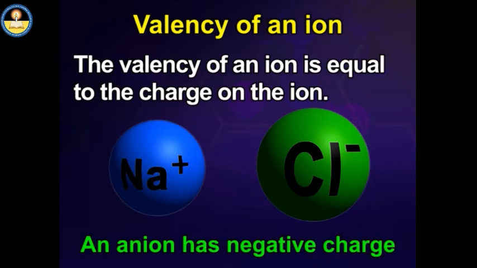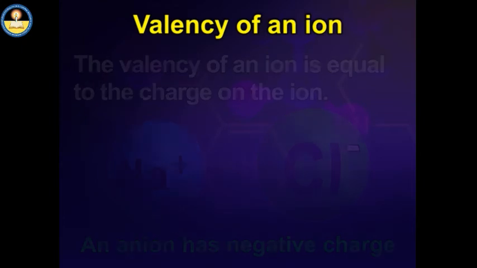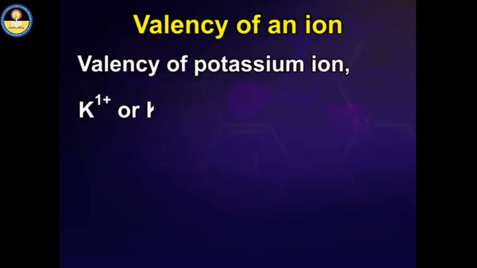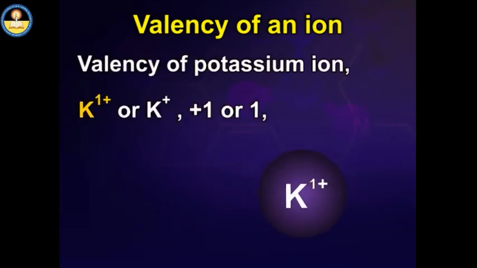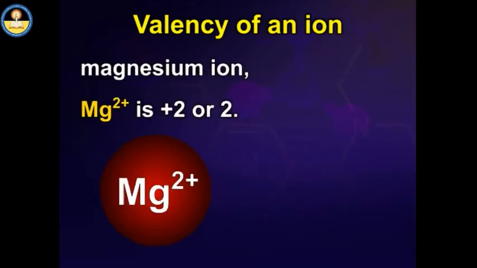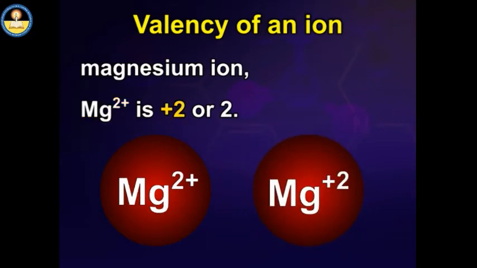Therefore, its valency is taken as respective negative numeral or simply the numeral value of the charge, Cl-. For example, valency of potassium ion K+ is positive 1 or 1. Magnesium ion, that is Mg2+, is positive 2 or 2.